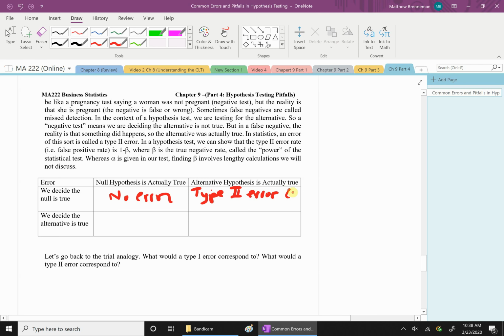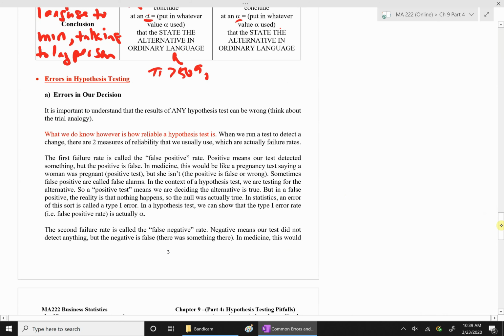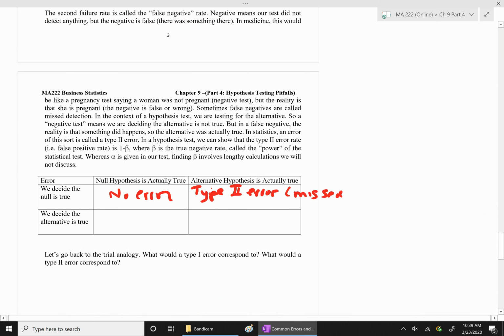Some people call this, in engineering or industrial applications, misdetection. Or they sometimes call it a false negative. And this last term is particularly instructive to think about.